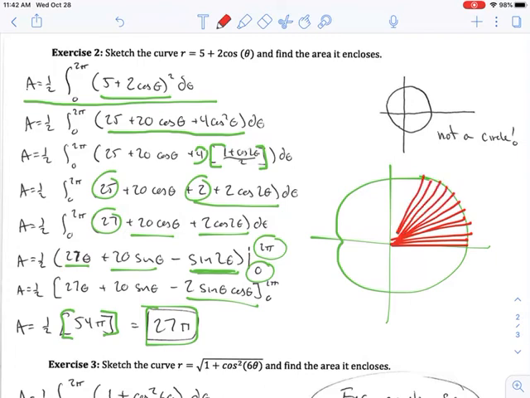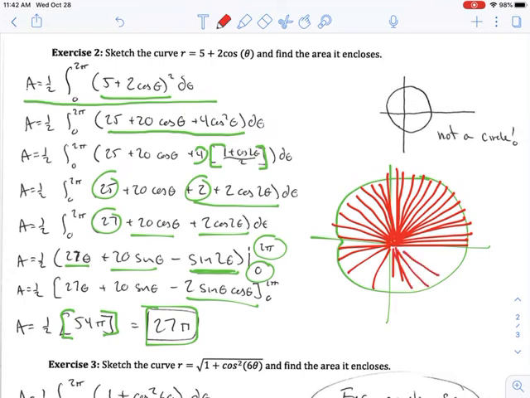As we make these little sectors smaller and smaller until the number of sectors approaches infinity, we have a formula using Riemann sums for the area of the polar curve. And of course, this is all explained in your textbook in more detail for those of you that want a more in-depth analysis of where these formulas come from, as always.